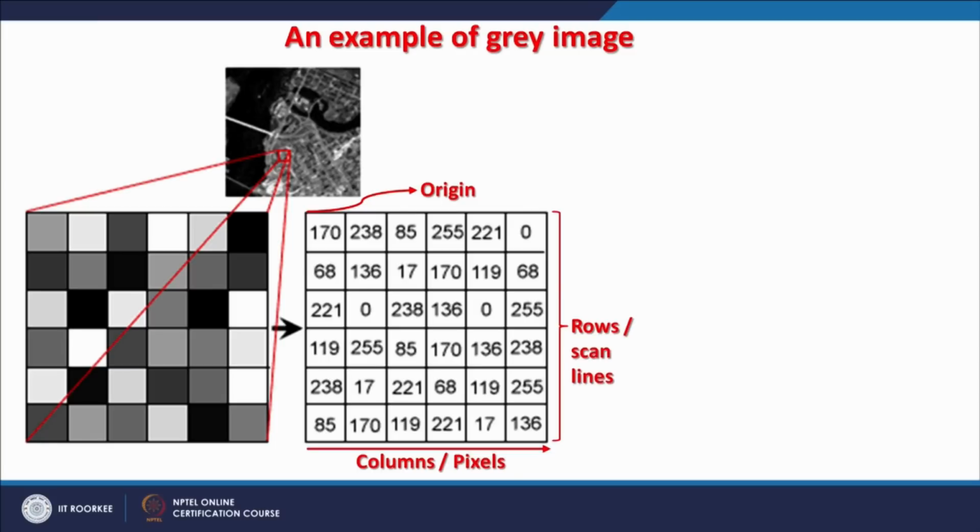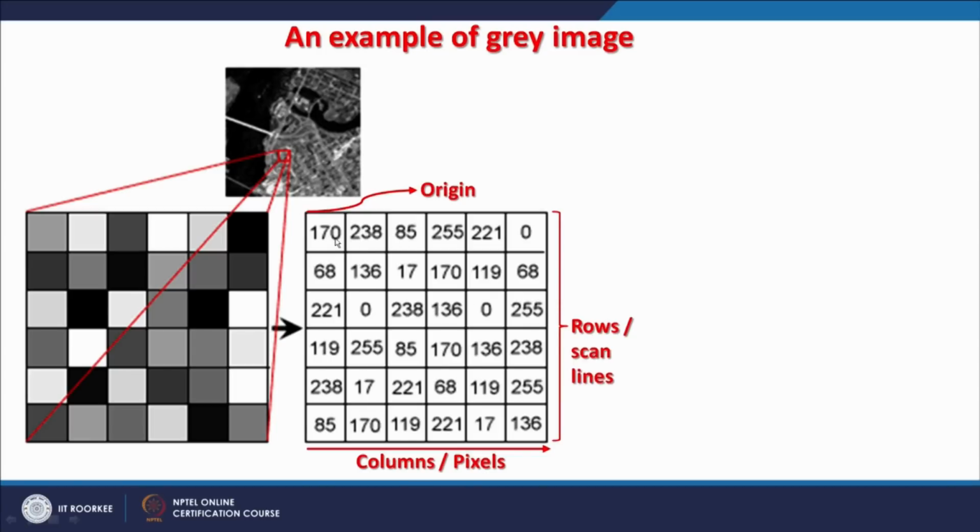So the origin of a raw image is always on the top left corner. So the first pixel, and likewise a number of columns and number of rows are there. There are different terminologies which are used.